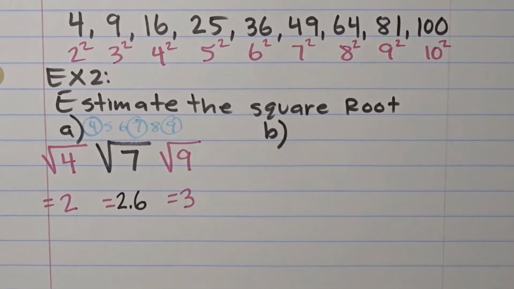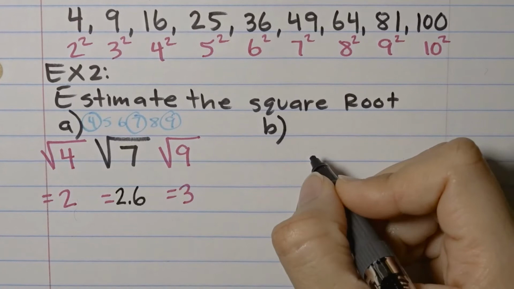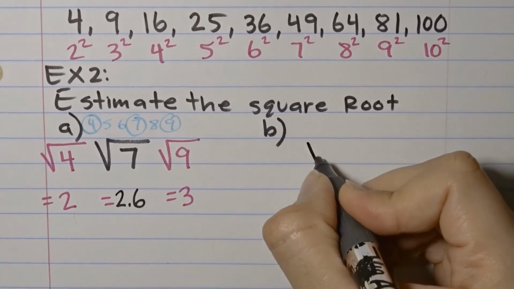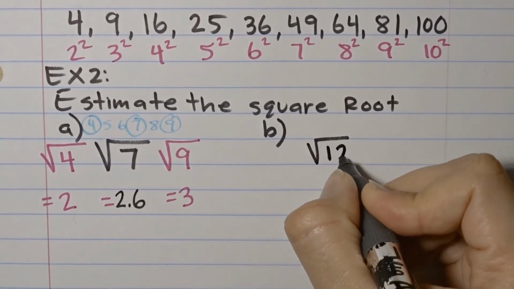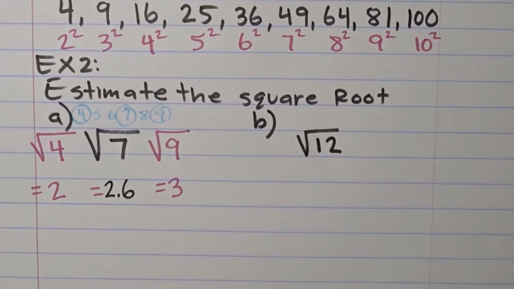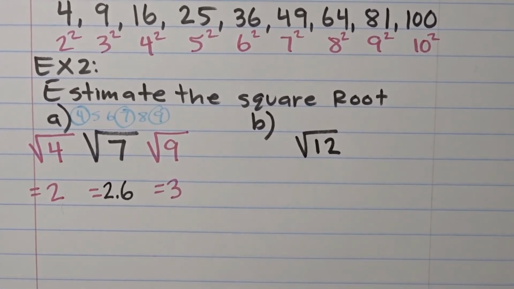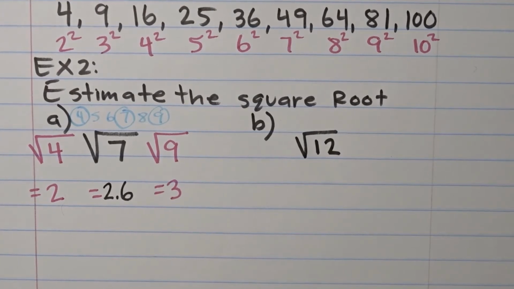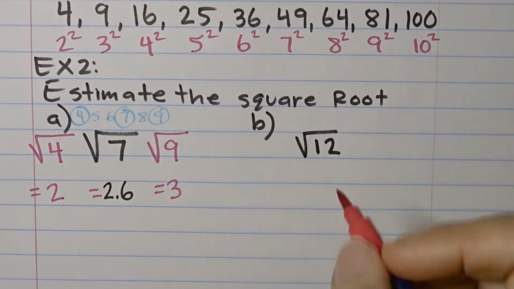Okay, so let me do that strategy again with another number. Let's try the square root of 12. We did that one earlier on the calculator, but this time we want to do it ourselves, estimating. So what is a perfect square before 12 and after 12?